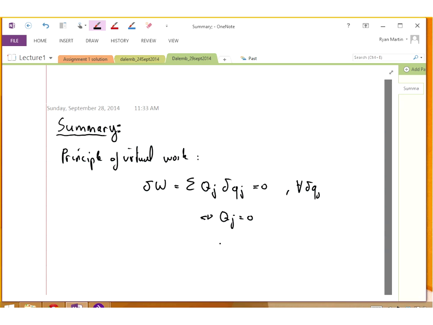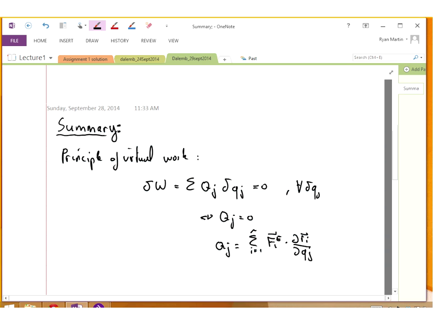And the generalized forces were given by the sum over all the forces, the real external forces F_i, dotted with the derivative of the vector of where those forces act, divided by q_j.